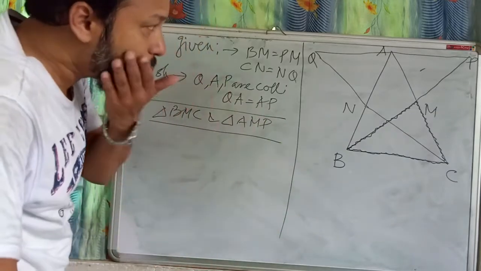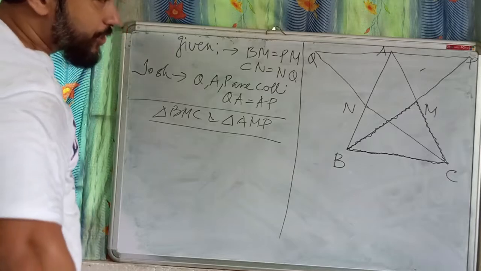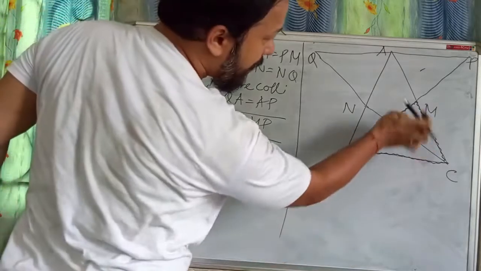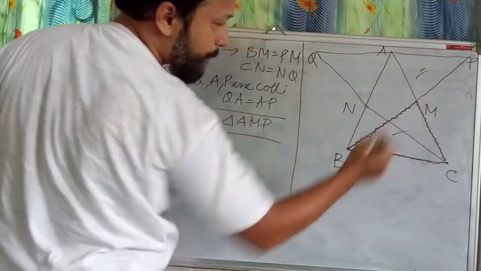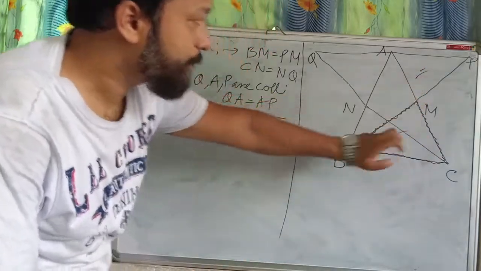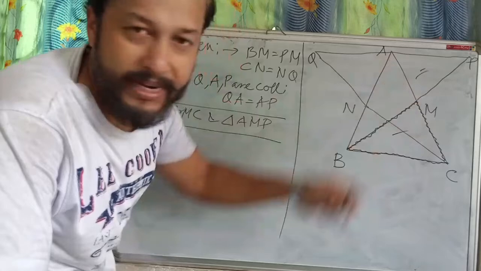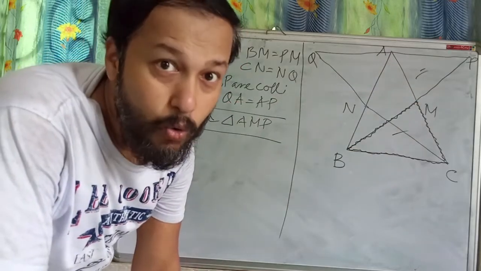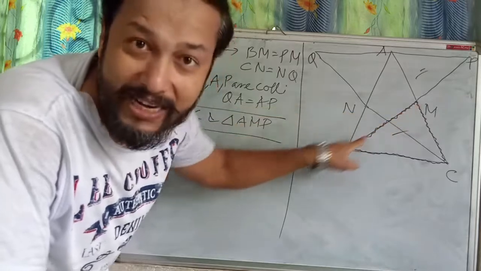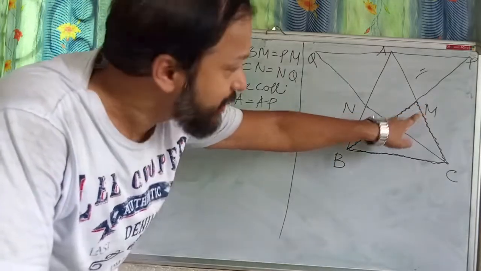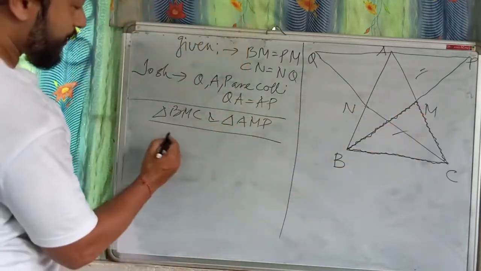In these two triangles, CM equal to AM. How? Because BM is the median, so M is the midpoint, so CM equal to AM.